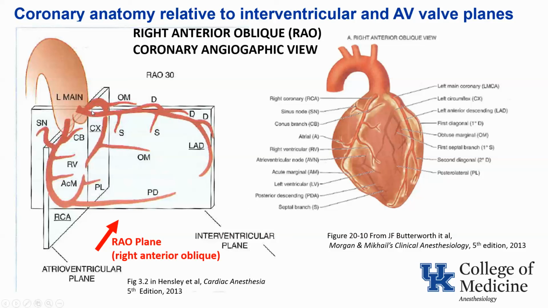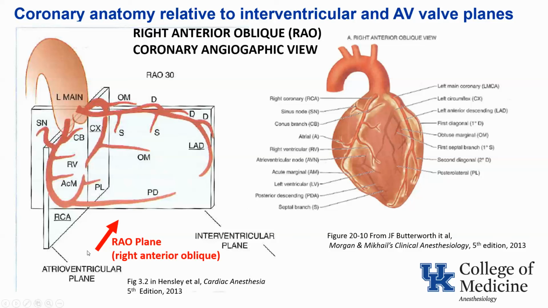The LAD runs in the anterior interventricular plane, while the circumflex runs in the left AV plane, and the right coronary artery runs in the right AV plane, and finally the posterior descending runs in the posterior interventricular plane.